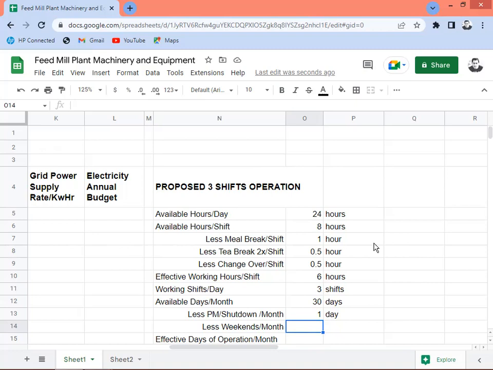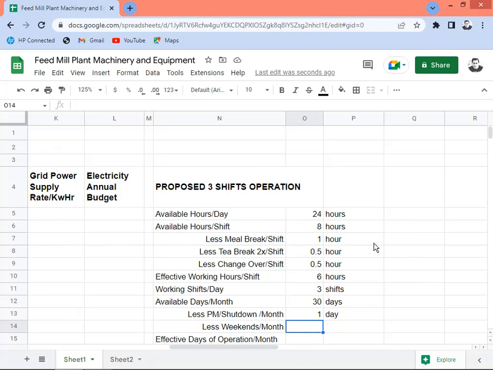So we'll just say Saturdays and Sundays. In Arab countries, the weekends are usually Thursdays and Fridays, and for the Christian countries, they're having Saturdays and Sundays. So that would be 2 days in 1 week.